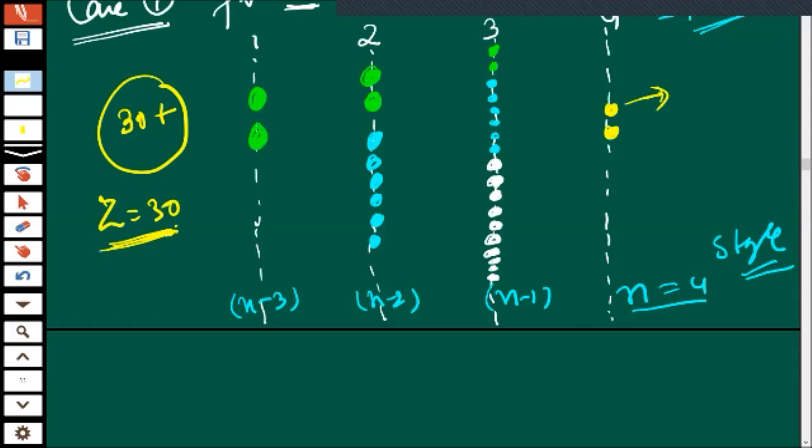They are acting like an umbrella. They are protecting, they are shielding, they are screening this electron. They are trying to protect this electron because they are in the middle. They will protect it from the effect of the nucleus.